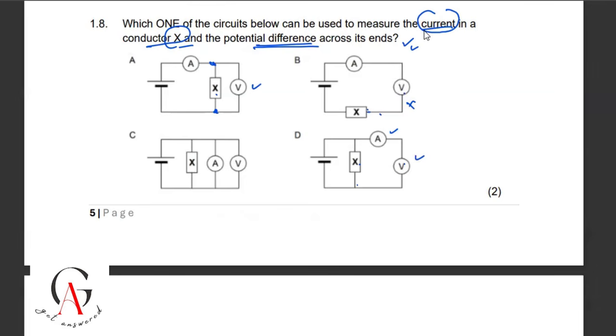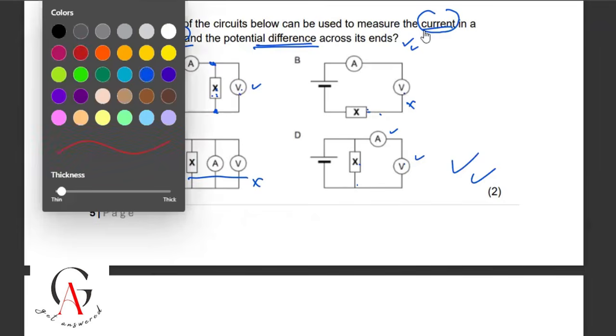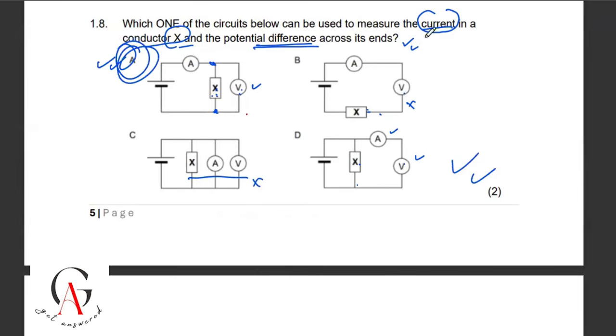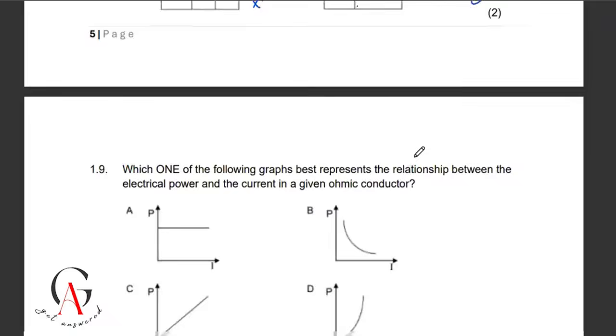And then these ones, they're all connected in parallel, which is wrong. So the options I'm seeing, there is some bit of truth in D, and there's some bit of truth in option A. Okay, but since I know that X and the voltmeter must be in parallel, I'm going with A as the most suitable answer there. Okay, because voltmeter and ammeter in series, no.